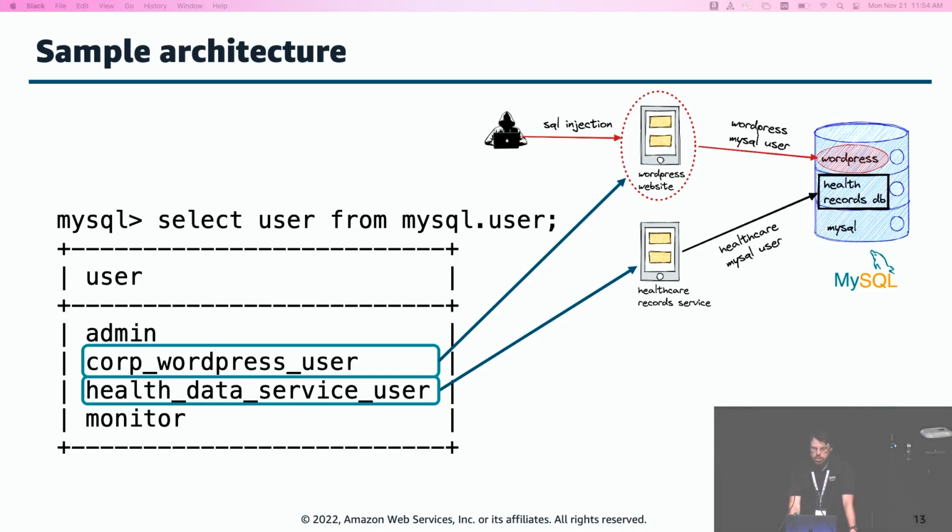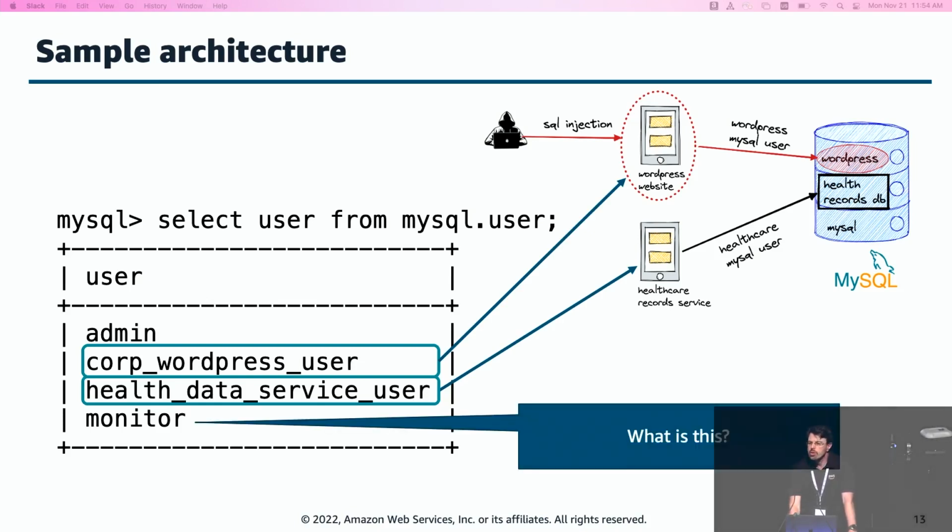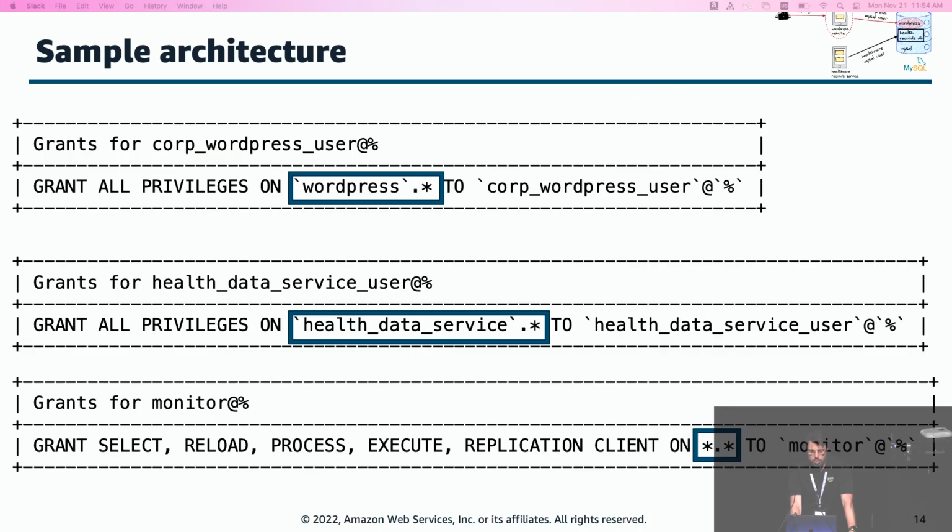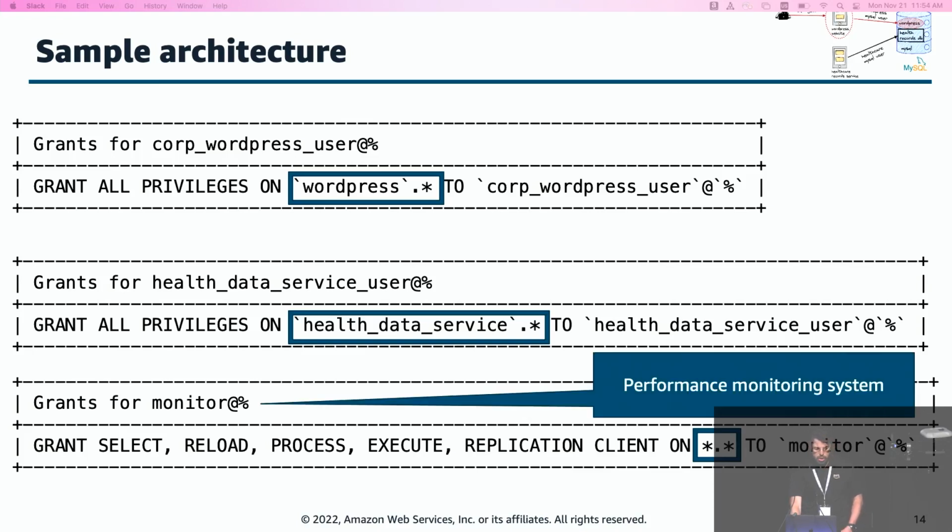But also interesting here, I have this weird monitor user. So what is this? Let's take a look and list all the privileges. Again, on the WordPress, we have a dedicated user, which only has access to the WordPress database. We have a healthcare database, with its own user. But we also have a monitoring user, which has all privileges. Well, it has a global select privilege.